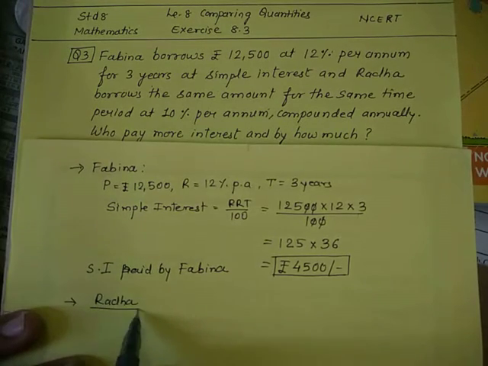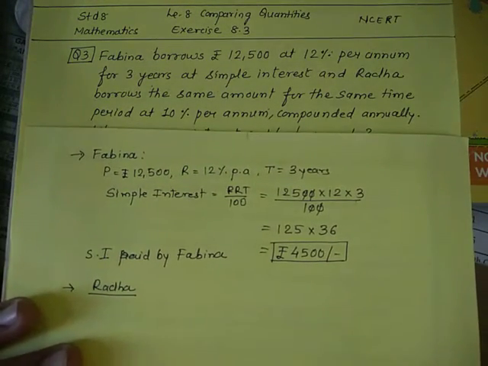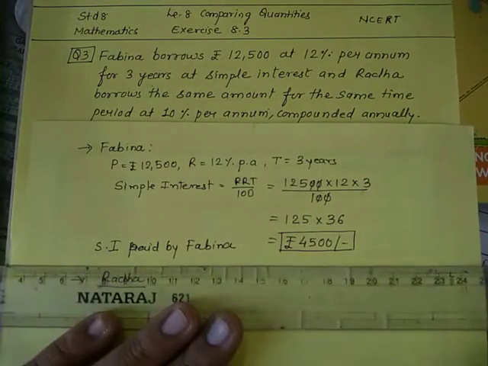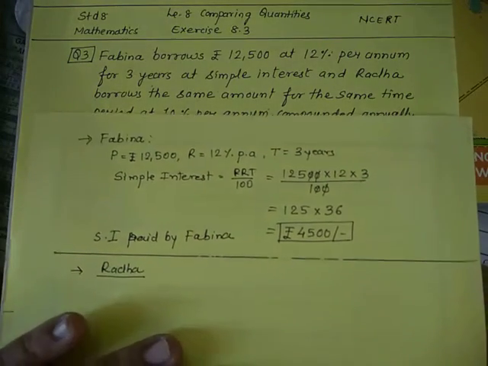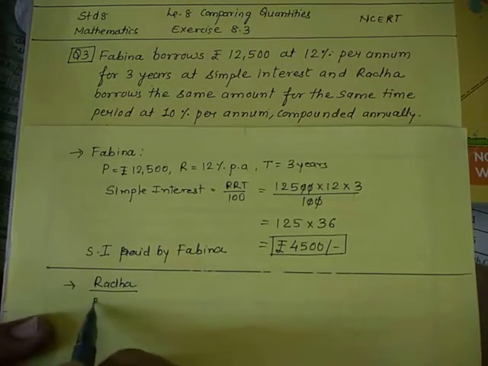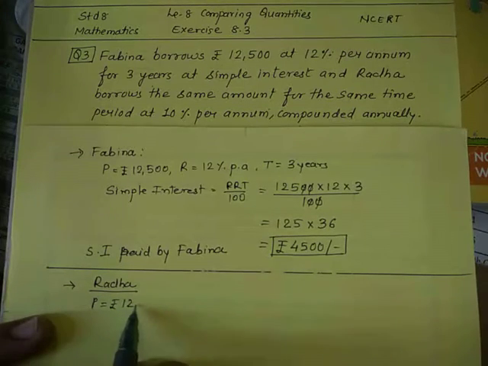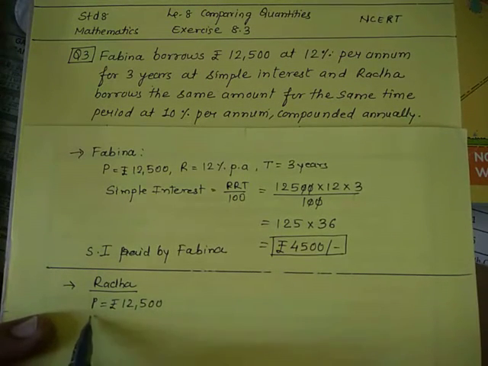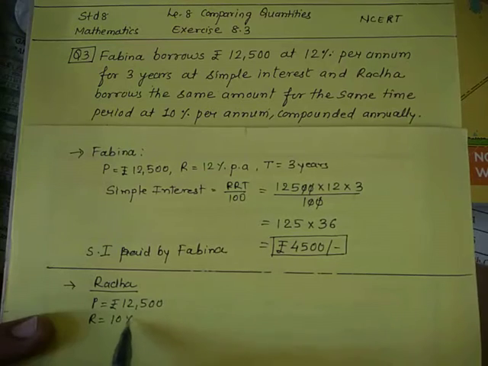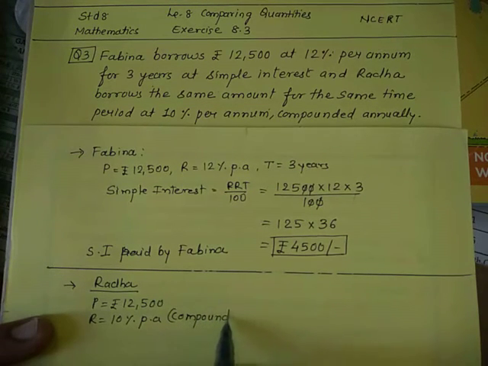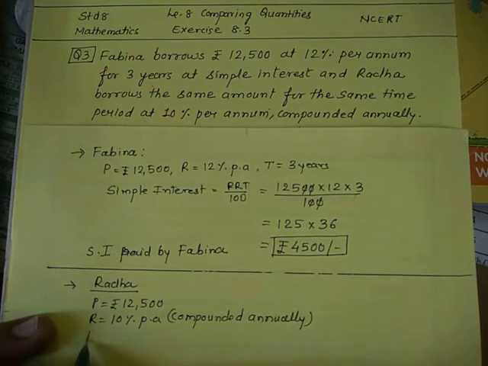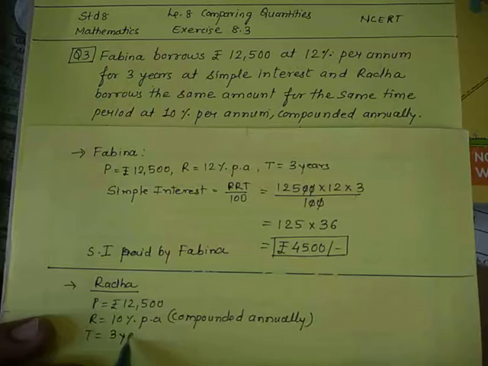Clear? So for Radha, let us separate these two parts. Again, the principal amount for Radha is the same, 12,500, and the rate of interest changes for Radha because she takes compound interest, compounded annually, and the time period is the same, 3 years.